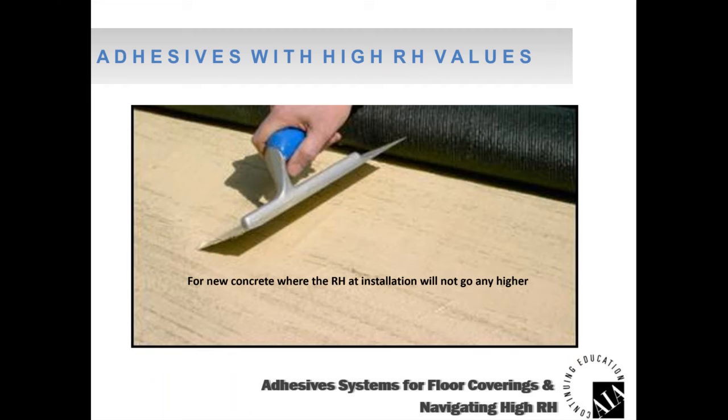What I mean by that is, let's say we have an adhesive that's good to 95, and we test for RH today, and that concrete is 95. Okay, we're suitable to install. But if that moisture can go higher than 95 at some point in the future, and it does, and there's a failure, then the adhesive manufacturer's washing his hands.